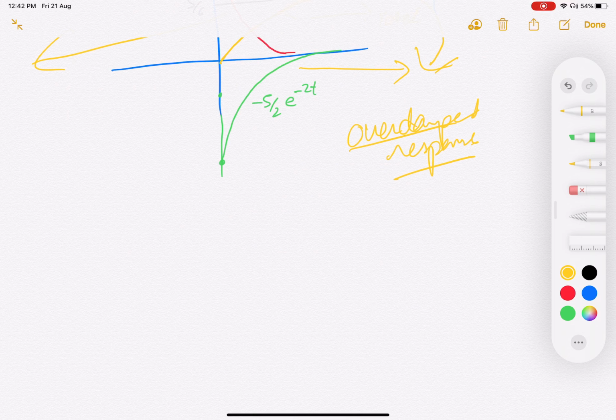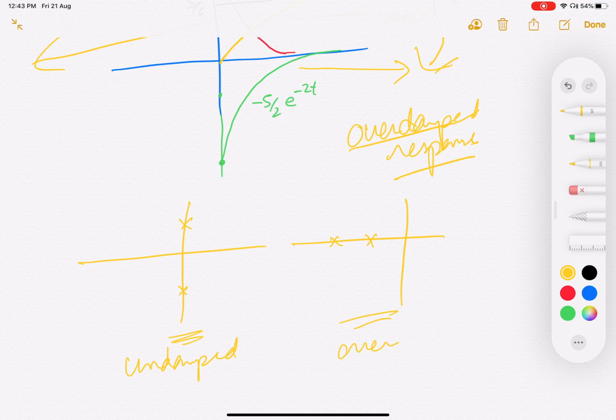So we have seen two types of responses. You can see that the response of a second order system is more complicated than the response of a typical first order system. So you have poles like this, this is undamped, and you have poles like this, this is overdamped.